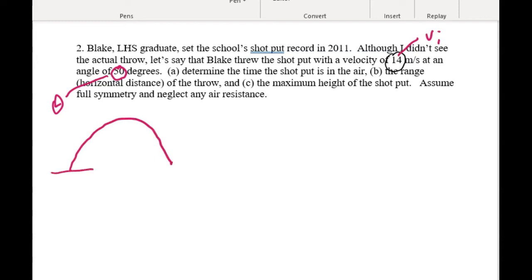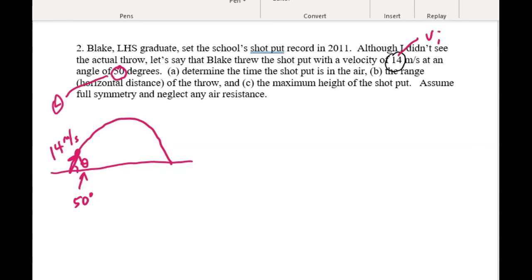So there's our parabola, and then our shot put's going to move with a VI of 14 meters per second. So that's going to be that vector, and the theta then is 50 degrees.